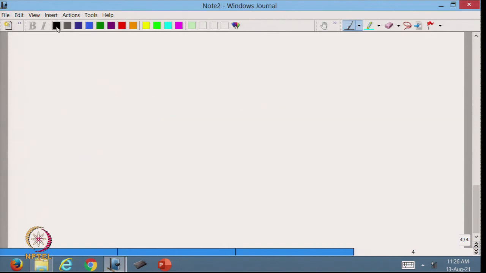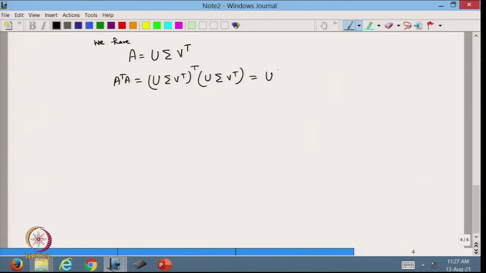Now, we have A is U sigma V transpose. Let us see what will happen if I take A transpose A. So, A transpose means I am just taking the transpose, and this is U sigma V transpose, and here I can write sigma transpose.